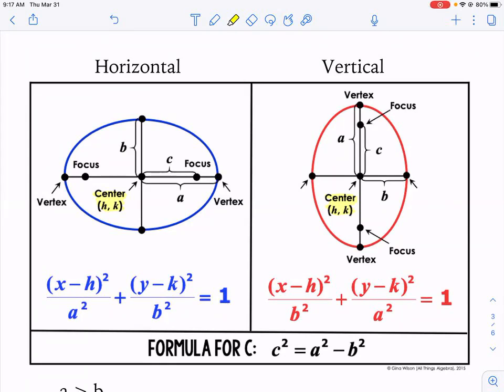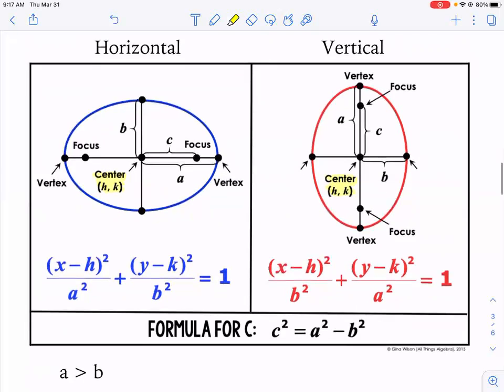Now, I want you to look, there's a squared and b squared. What do you notice about our horizontal versus vertical equation? The denominators switch, okay?